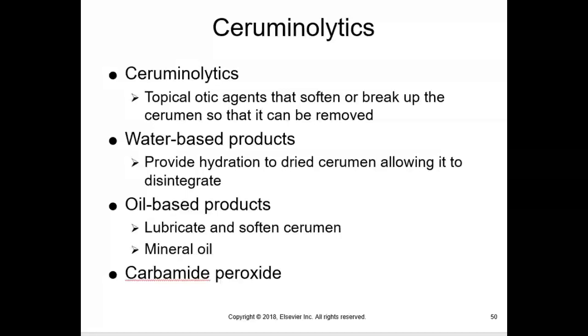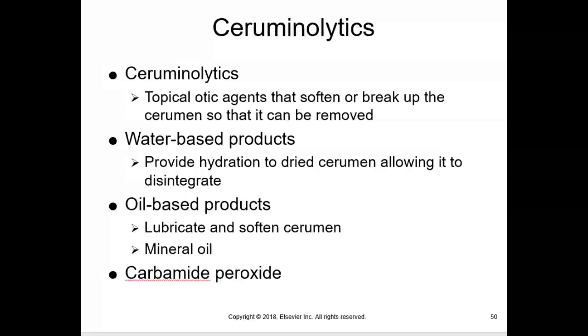If the patient has a buildup of cerumen or earwax and it is causing an impaction, cerumenolytics are what are used to break up that cerumen so that it can be expelled by the ear. So cerumenolytics are topical otic agents that soften or break up the cerumen so that it can be removed.